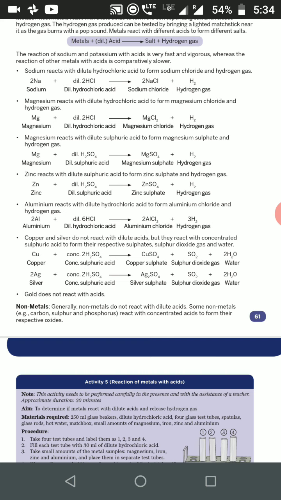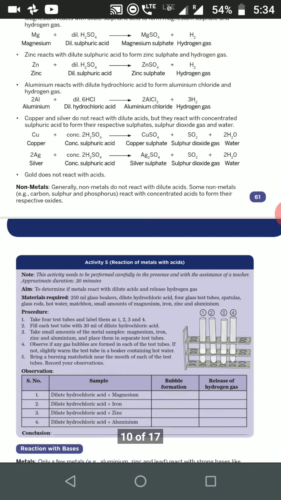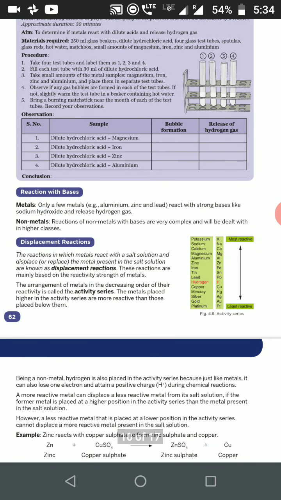Activity, reaction of metals with acids. This is a displacement reaction. We can do this activity in the lab. Next, reaction with the base. Metals react with the base like sodium hydroxide to produce hydrogen gas.